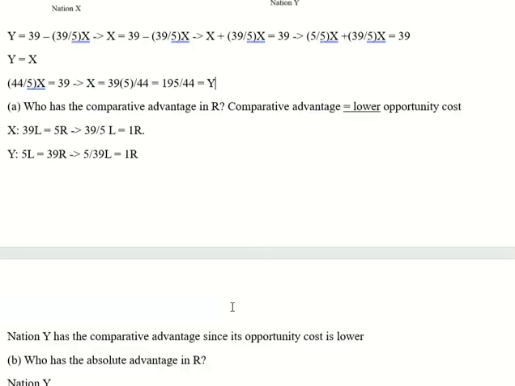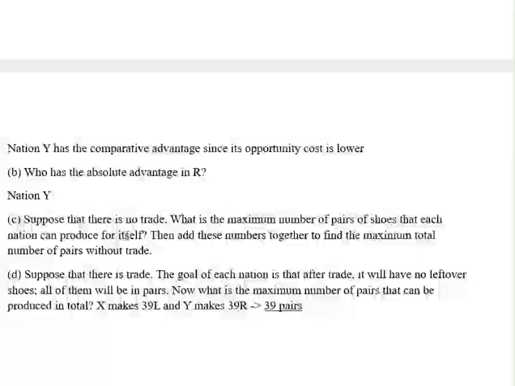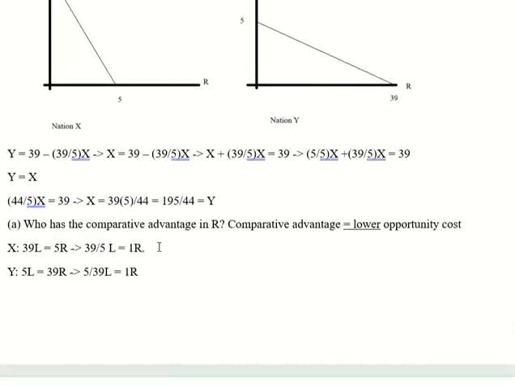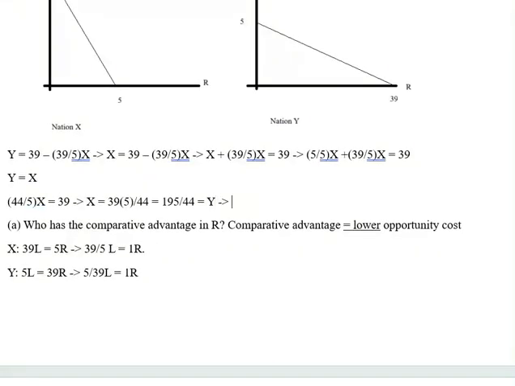So the question also asks, when you put the number of pairs together, you just add nation X's with nation Y's. So we just do 195 over 44 plus 195 over 44. And that should give you 390 over 44, if my mental math is right.